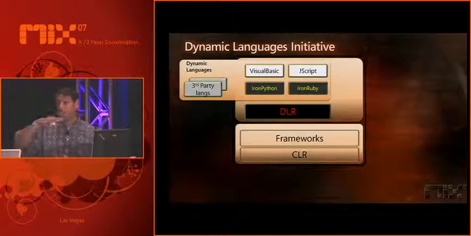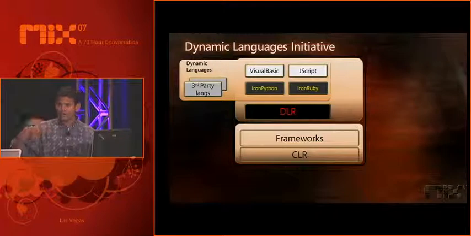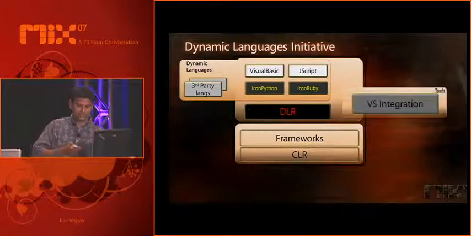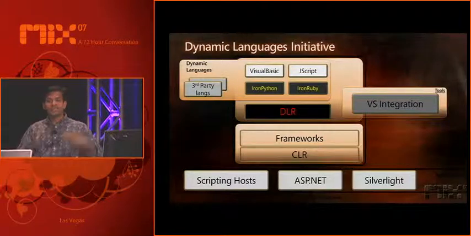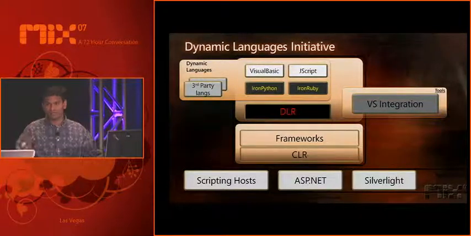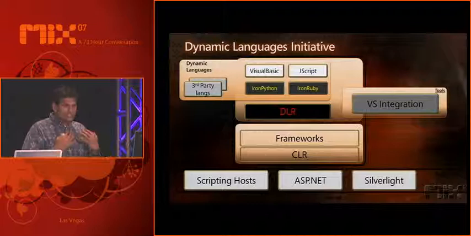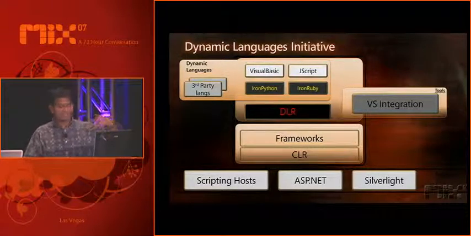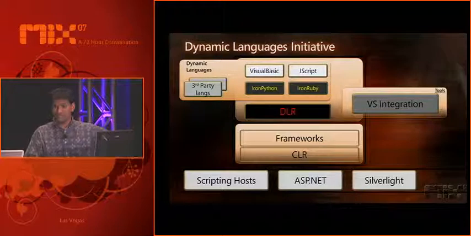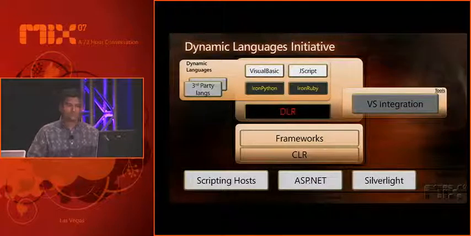In this talk, we show you some elements of how to use dynamic languages in ASP.NET, which is the host. But there are multiple different hosts where the stack will show up in the long term. This notion of dynamic language programming, this notion of RAD programming, exists not just for ASP.NET, but also for Silverlight and other hosts down the road.